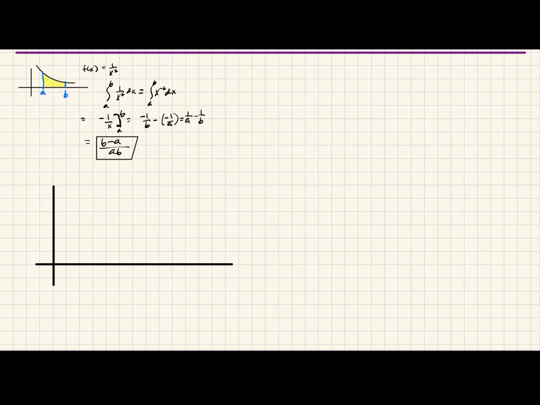What if our graph went on forever and just kept going like that? Would you not have an infinite area? Oh, that's the question, isn't it? Would we have an infinite area? So your question was the correct question.